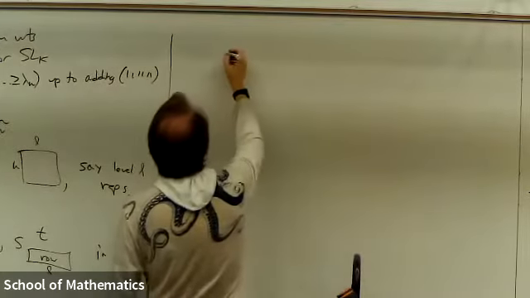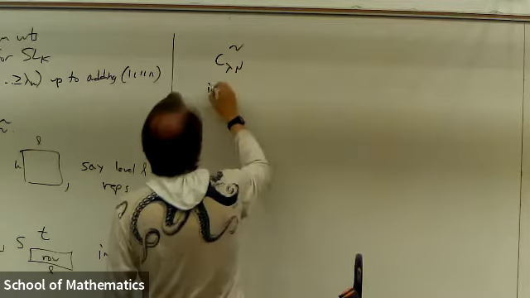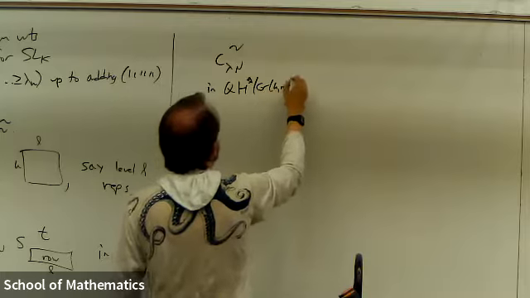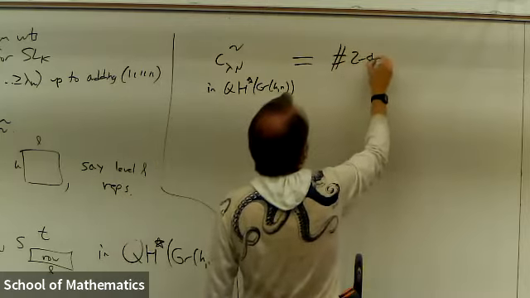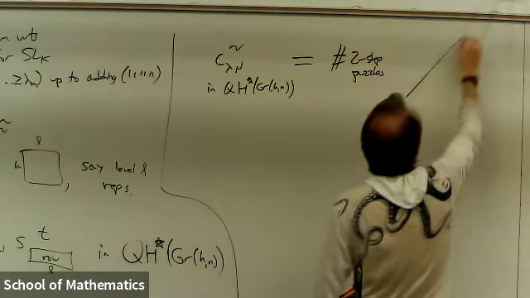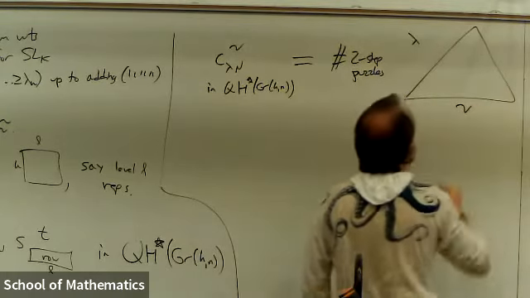And there the statement is that C lambda mu nu in quantum cohomology of the Grassmannian is the number of two-step puzzles where we don't put lambda and mu and nu here.